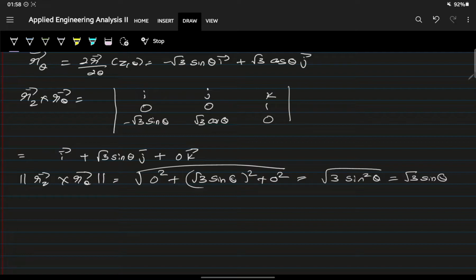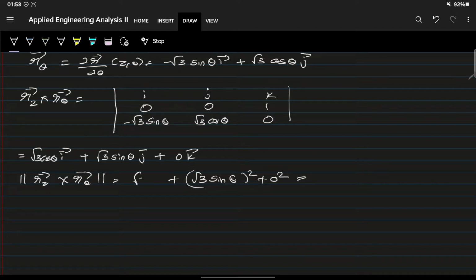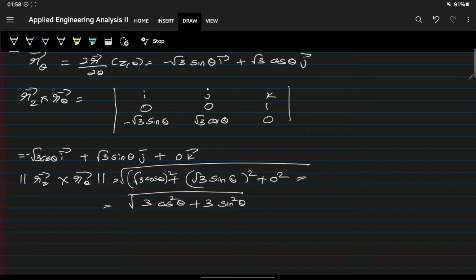Apologies. This is root 3 cos theta. Square theta plus 3 sine square theta.